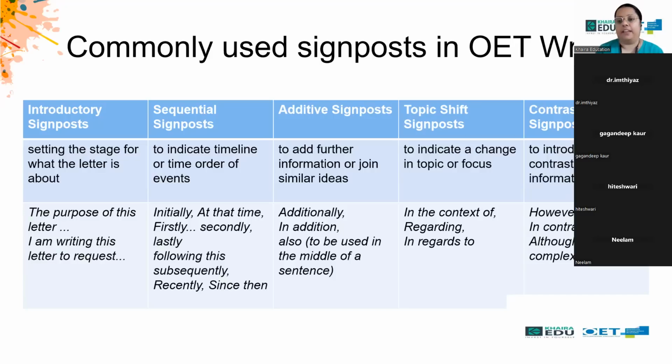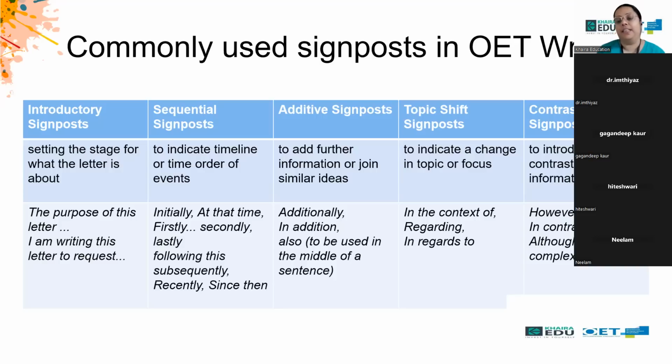So let's say in a paragraph, you're writing about the history of the patient, whatever happened before the patient was admitted in the hospital. So in that paragraph, you're writing about various aspects of the patient's history. So you start by writing the medical history, and in the same paragraph, you want to shift on to writing about the lifestyle habits of the patient. So you can signpost the sentence by writing in context of his lifestyle habits.